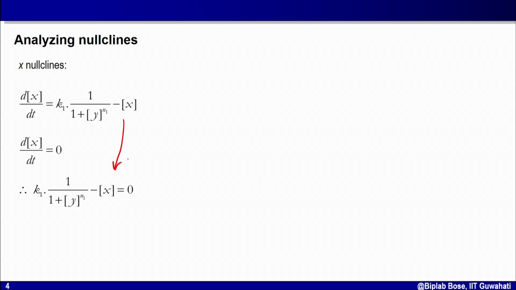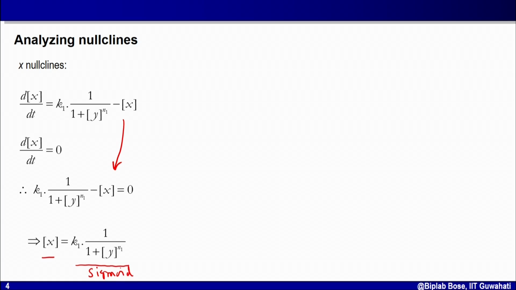From this I am getting this one. Then I can separate out x and y on both sides of the equal to sign. That's what I have done here. So I have x equal to k1 into 1 by 1 plus y to the power n1. Obviously, this is a sigmoidal function. You can easily understand, this is a negative sigmoid function.